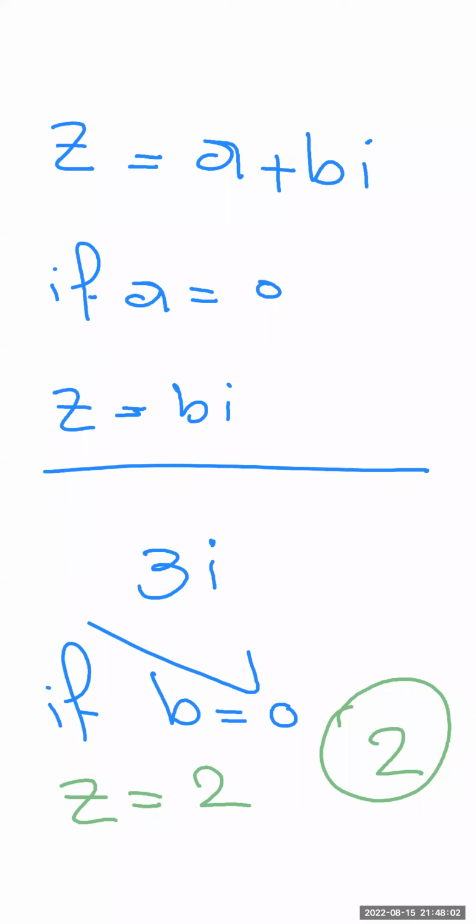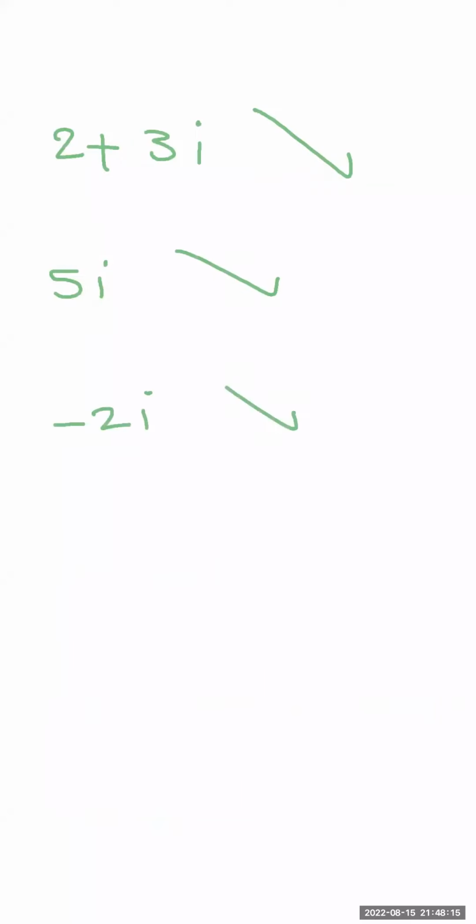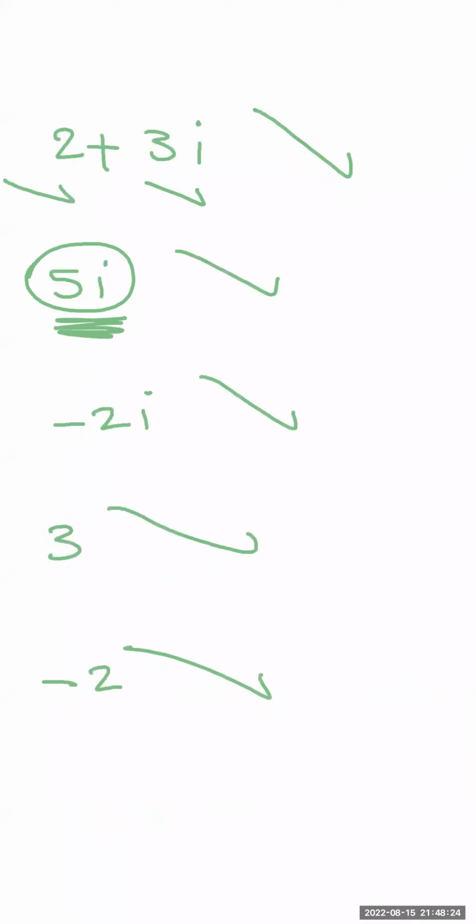So again, some examples of complex numbers: 2 plus 3i, complex number. 5i, complex number. Negative 2i, complex number. 3, complex number. Negative 2, complex number. Real, with the imaginary part equal to 0.